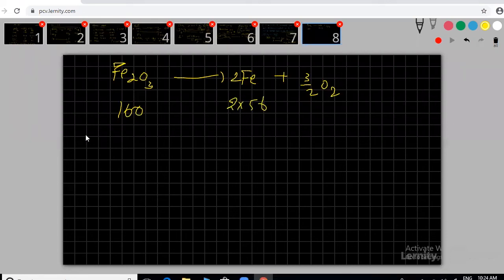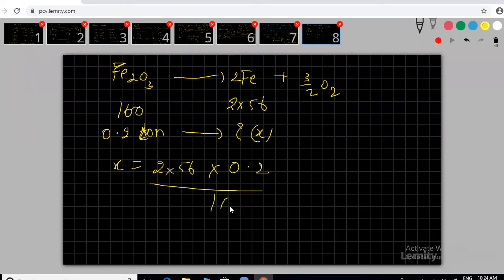If we are taking Fe2O3, how much? 0.2 tons, because only 20% Fe2O3 is present. Then how much will you get? X equals 2 into 56 into 0.2 ton by 160. By solving this, you will get 0.14 ton of iron.